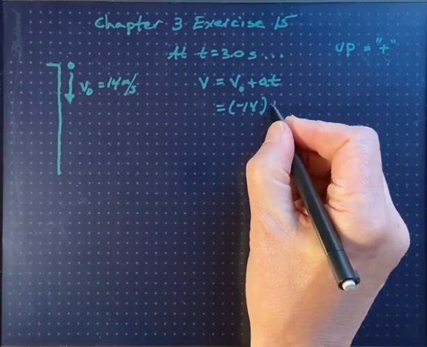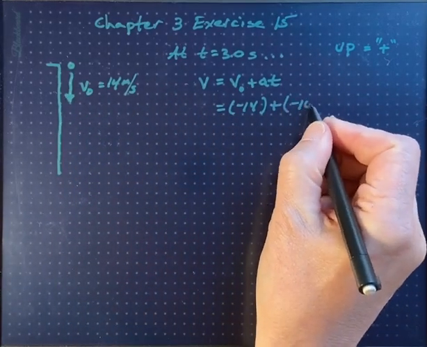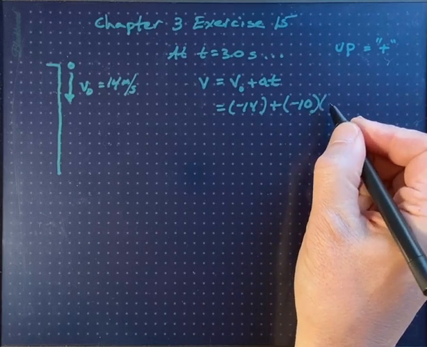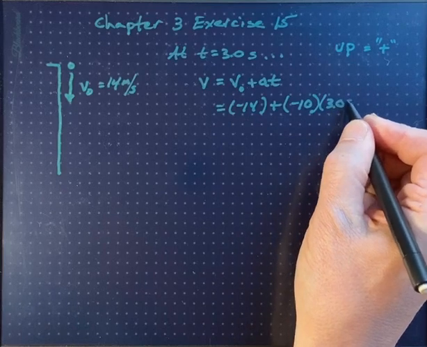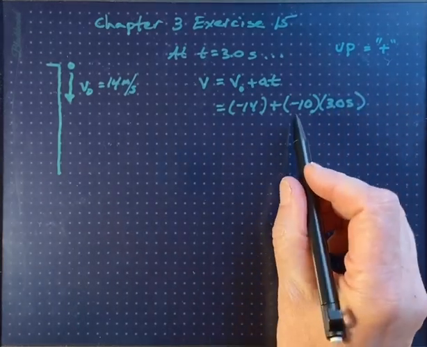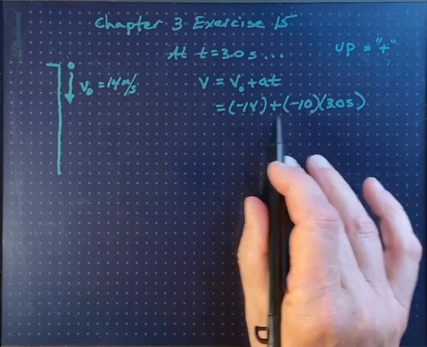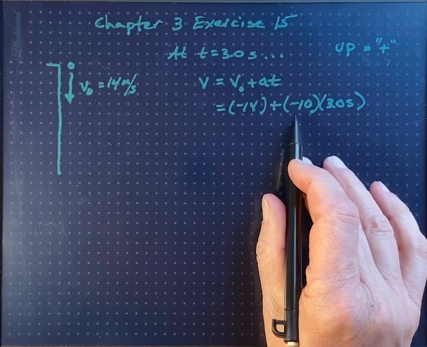And I'm also going to add to that AT, which is minus 10 meters per second squared times the time, which is 3 seconds. Notice that this is also downward. So both the initial velocity and the acceleration are down.